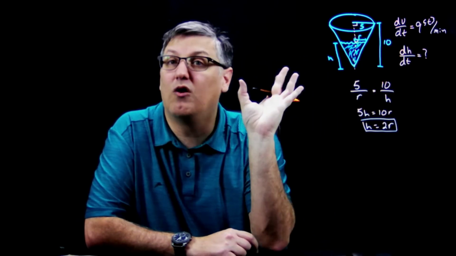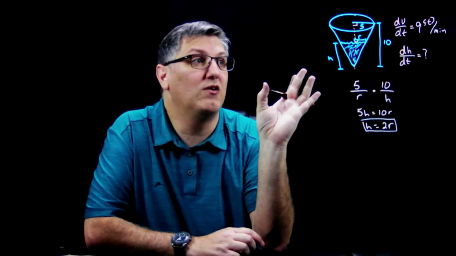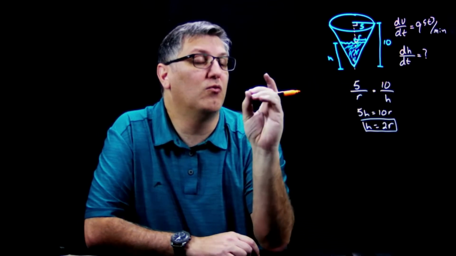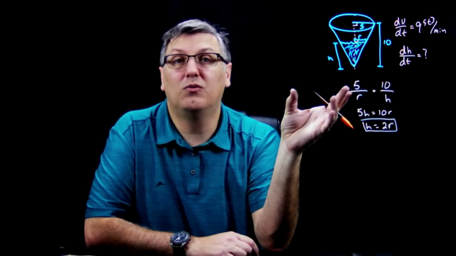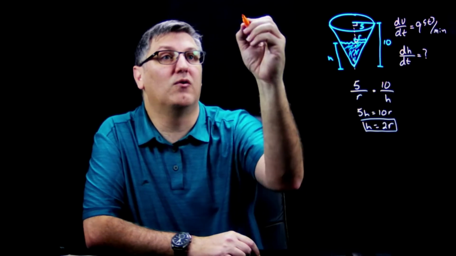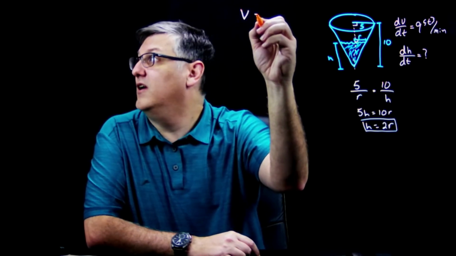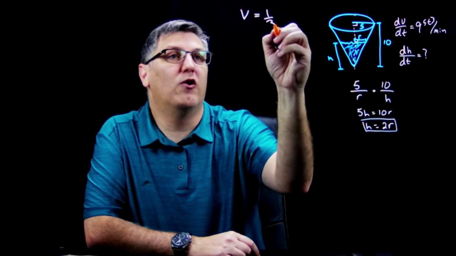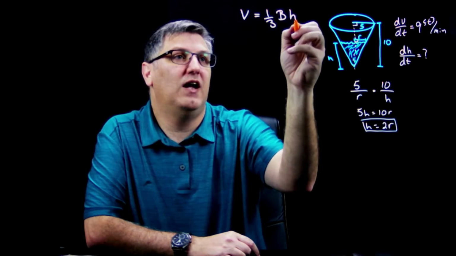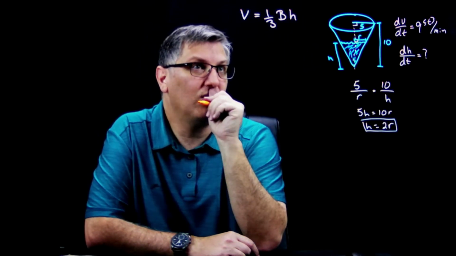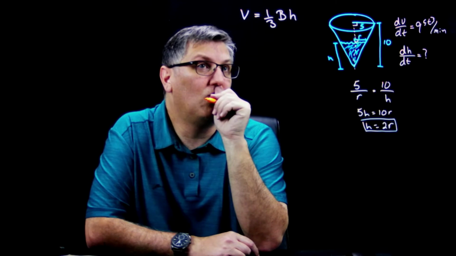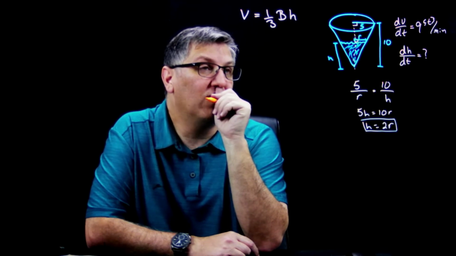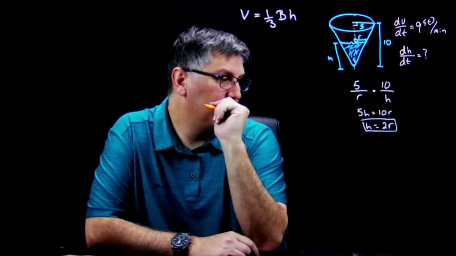So I've got to think, what's the formula that relates volume to radius and height? Well, that's just our volume formula. Our volume is 1/3 big B h.